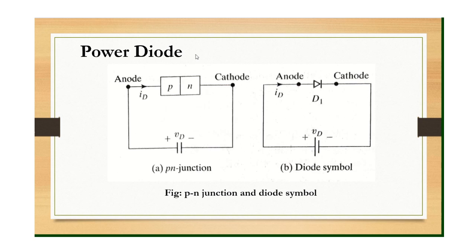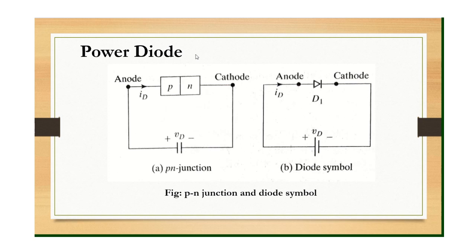When we say the diode is conducting, it means there is current flowing through it, and the voltage across it will be minimum. In the previous class we discussed that whenever a switch or power semiconductor device is on, there should be maximum current flowing through it, and the voltage across it should be minimum or zero, right?